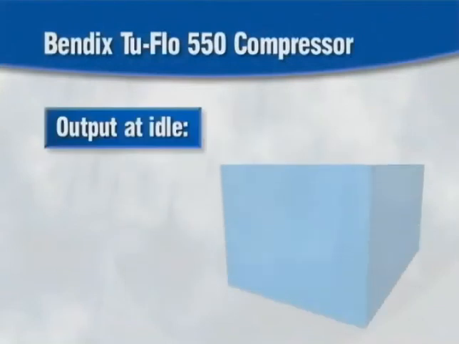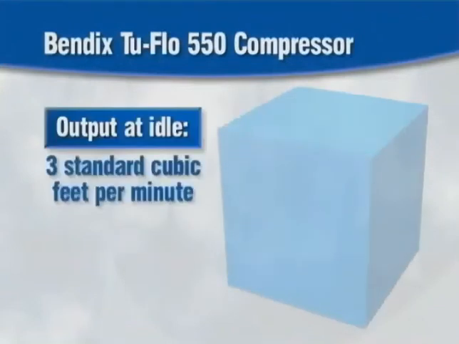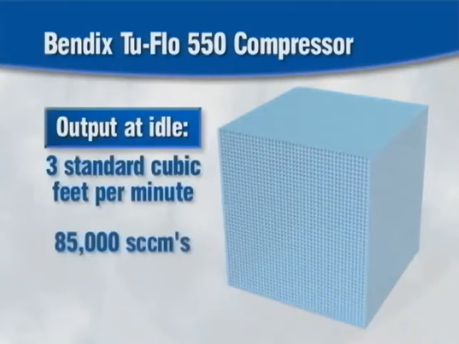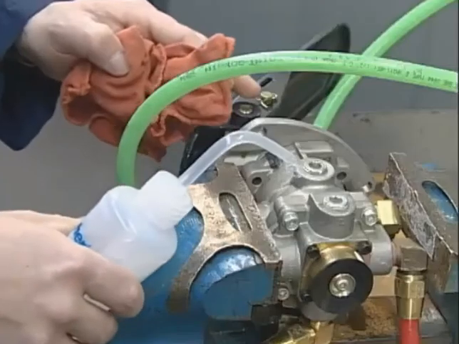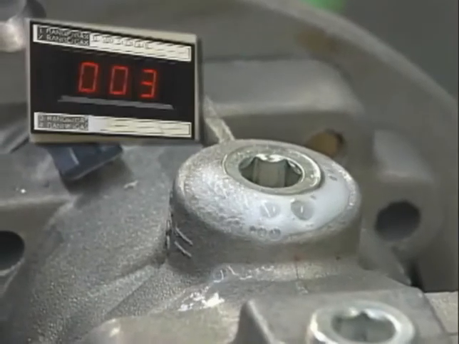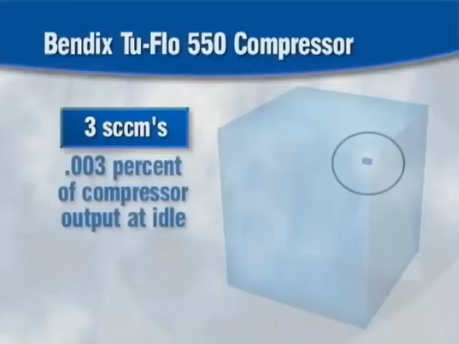At idle, the compressor has an output of 3 standard cubic feet per minute. Translated into cubic centimeters, that's 85,000 SCCMs. Now, a soap spray solution can reveal air leakage as small as 3 SCCMs. But as you can see, that's all of about 0.003% of our compressor's idling output.